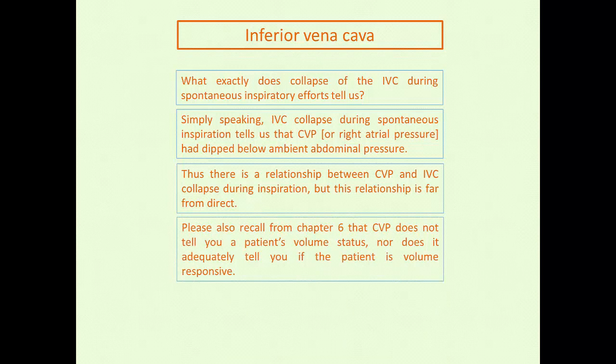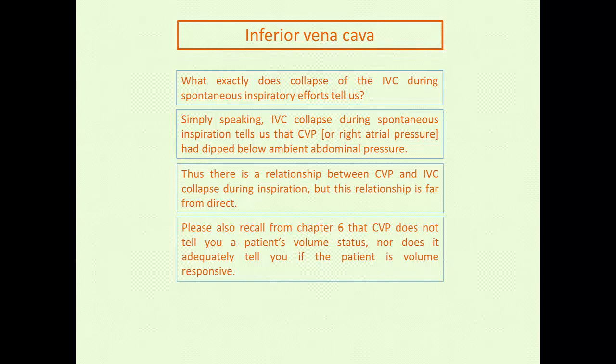Recall from Chapter 6 that CVP does not tell you a patient's volume status. So even though there's a loose relationship between CVP and IVC collapse, you cannot infer a patient's volume status from collapse of the IVC. Nor does a patient's CVP really adequately tell you if the patient is volume responsive. Remember, to know if you're volume responsive or not, you have to know if you're on the ascending portion of your Starling curve.